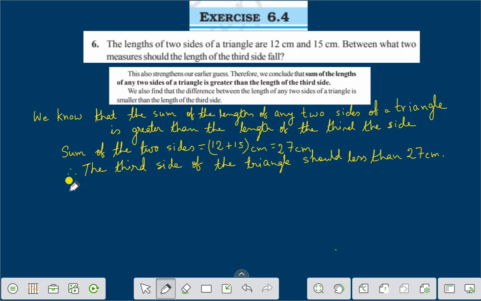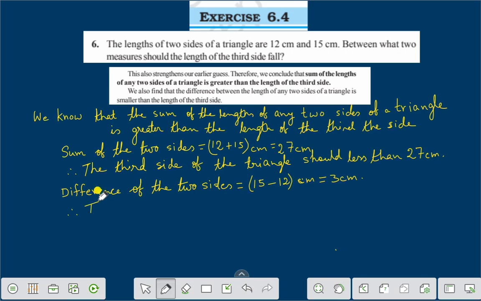Therefore, the difference of the two sides of the triangle is 15 minus 12 centimeter, that is equal to 3 centimeter.